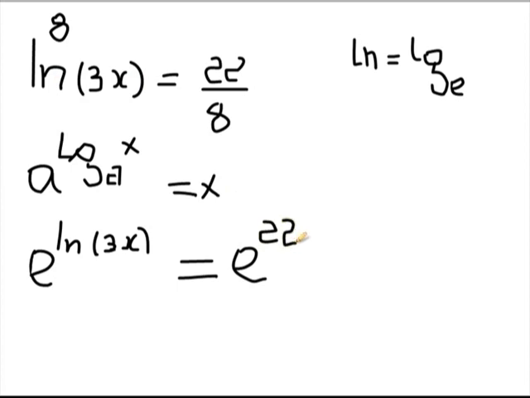So now according to this formula, when I have log base a of x equals x, since the base is e here, ln says the base is e, so I can say this is equal to x. I can say 3x equals e to the power of 22 over 8.